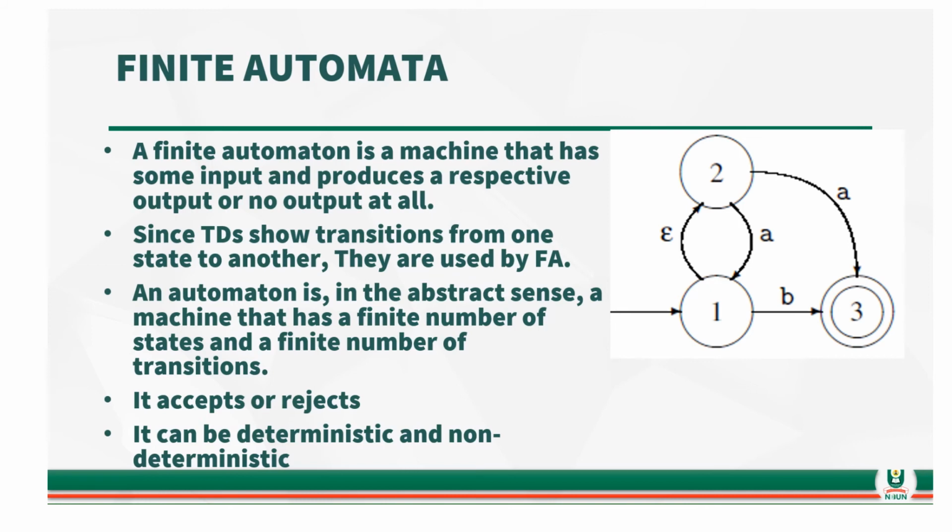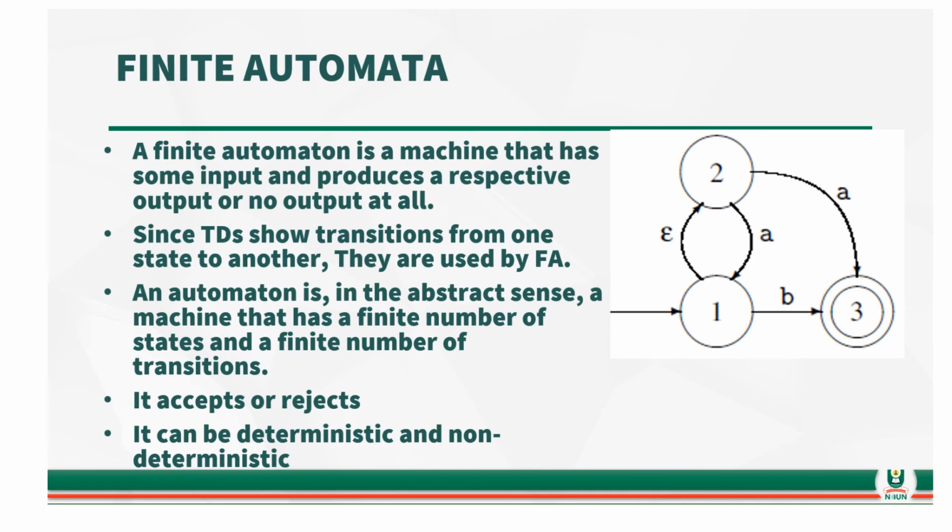And then we can also note here that a finite automaton can either accept or reject at the end. So the final state can either be an accept state or a reject state.